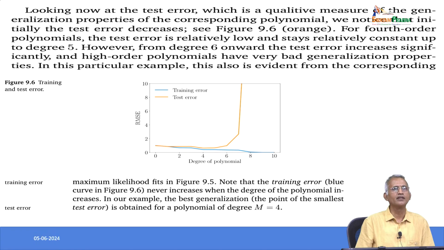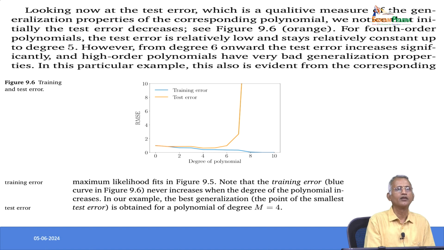So, looking now at the test error, which is a qualitative measure of the generalization properties of the corresponding polynomial, we notice that initially the test error decreases. See figure 9.6, the training and test error, where the orange color shows the degree of the polynomial.